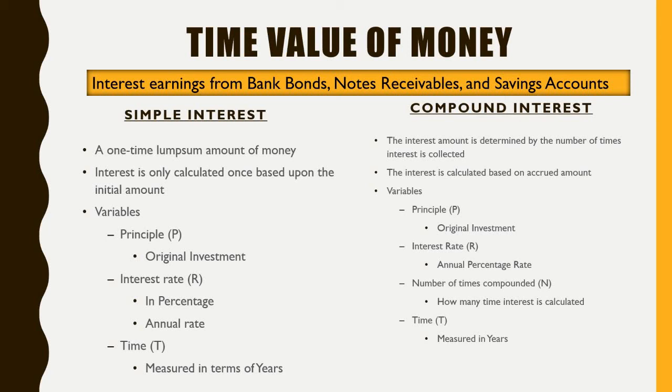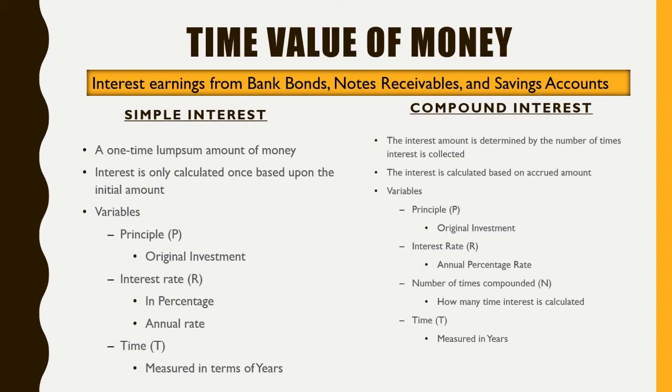So we're going to take a look at two types of interest. We're going to take a look at simple interest, and we're going to take a look at compound interest. Okay. Now, the most common one you will see here today is going to be compound interest, because most commonly what you would take out is some form of loan, a credit card, any type of means to borrow money, and that is considered compound interest, right?